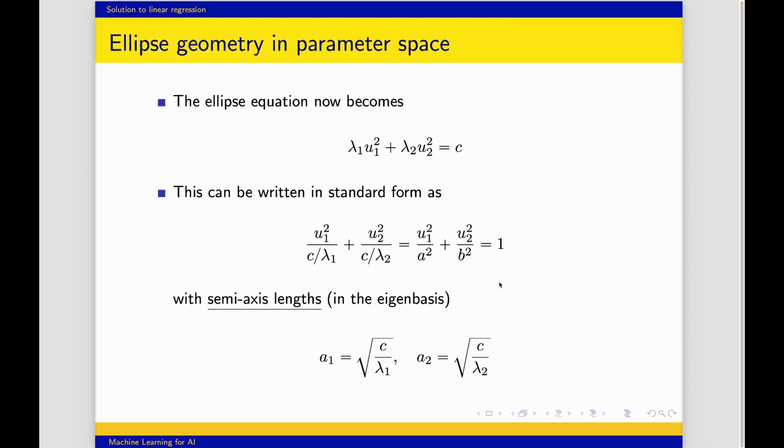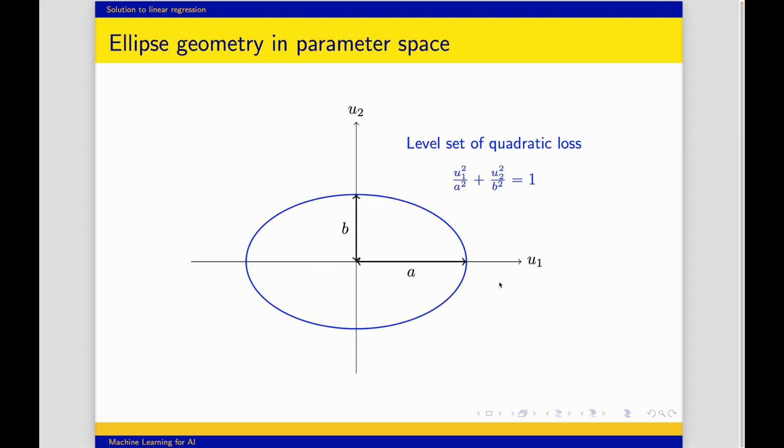So let's have a look at what these mean. This is what they mean. The semi-axis lengths are these lengths here. So they're half this length here, the shortest direction. So this we would call the semi-minor axis, and this we would call the semi-major axis. And this length here is what appears here, and this length here is what appears here, the square of this length here.